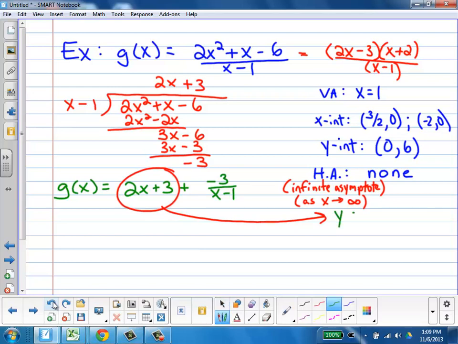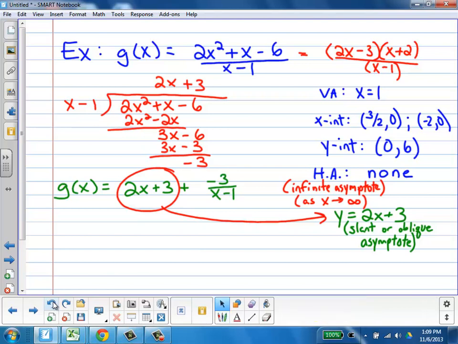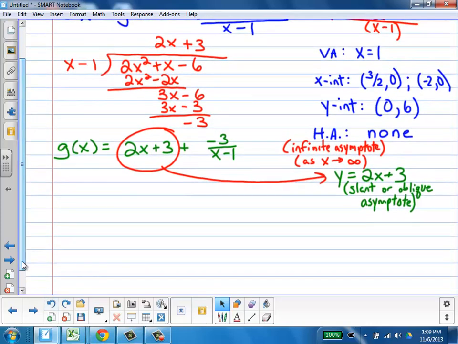It's a slant asymptote or an oblique asymptote. You will get a slant or oblique asymptote anytime that the degree of the numerator is 1 more than the degree of the denominator.